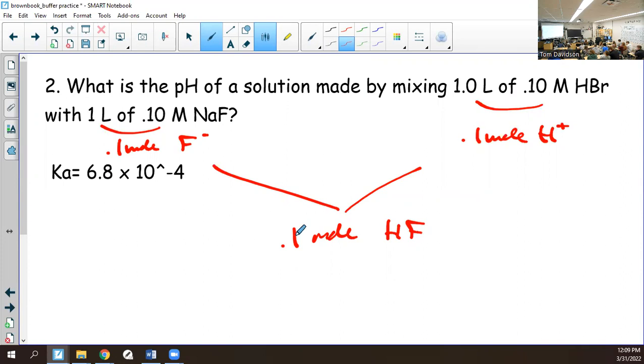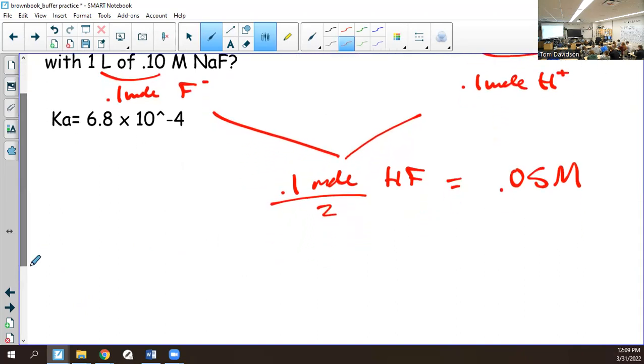Now, whenever we do this, this is in moles, so I better divide it by 2, correct? Because I need the concentration. So my initial concentration of HF will be 0.05 molar. And we know that Ka for a weak acid is equal to x squared over initial.